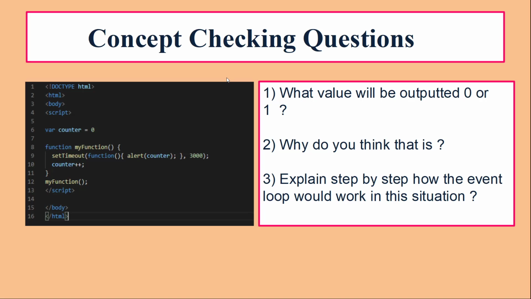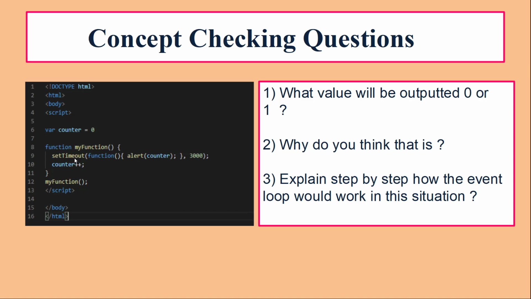So hopefully you've paused the video. Let's have a look. What value will be outputted? 0, 1? Well, 1 will be outputted. Why do we think that is? Well, if we go down, at the moment this is 0. This will be called, but then it will be put onto the web API because this is a timer.